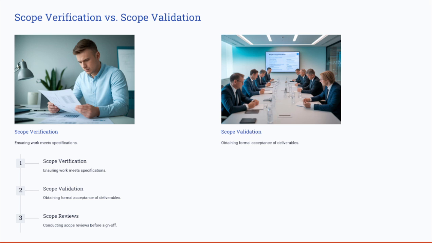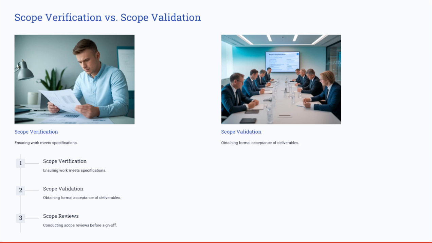While scope validation, first we talked about scope verification, to verify whether the project deliverables meet the predefined requirements. Now, again, let's talk about scope validation. Scope validation is a formal acceptance of all of these deliverables by the stakeholders. If an issue arises, corrective actions are taken to align the project with the expectations.